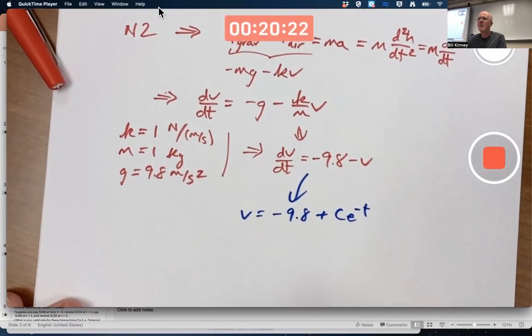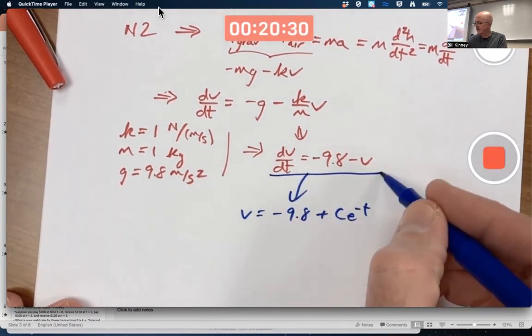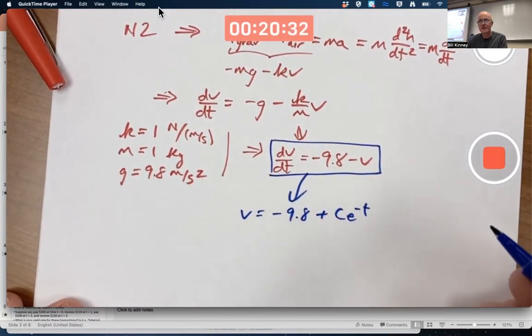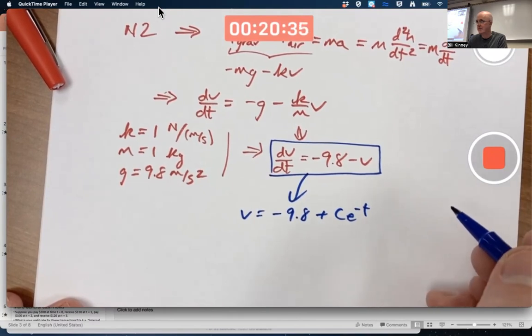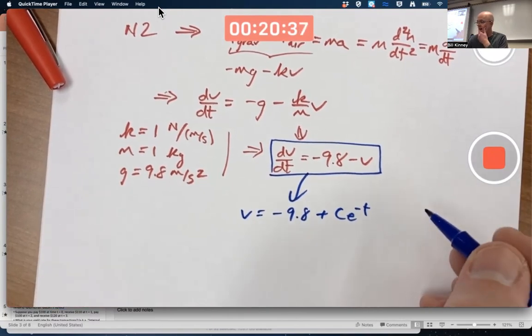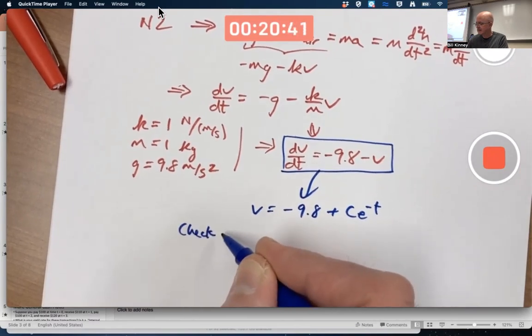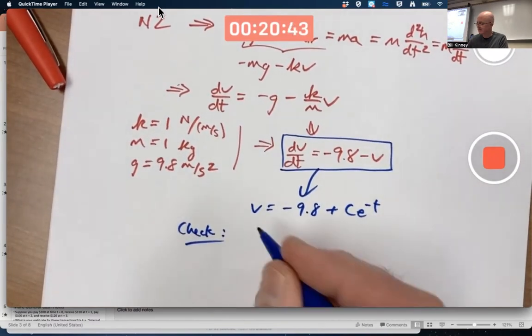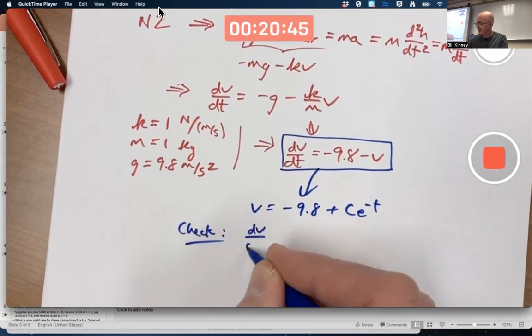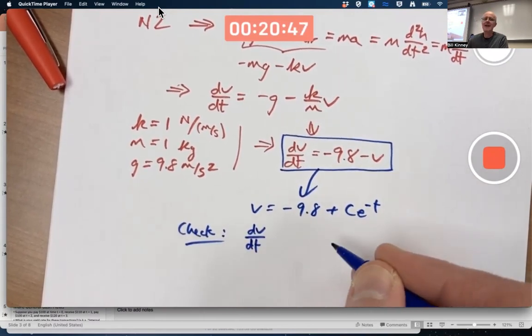Is there a way to know that's right? Yeah. You can check that it solves the differential equation without actually solving the differential equation, without separating variables. How do you do that? To check that this solves the differential equation, plug it into the differential equation and see what happens.